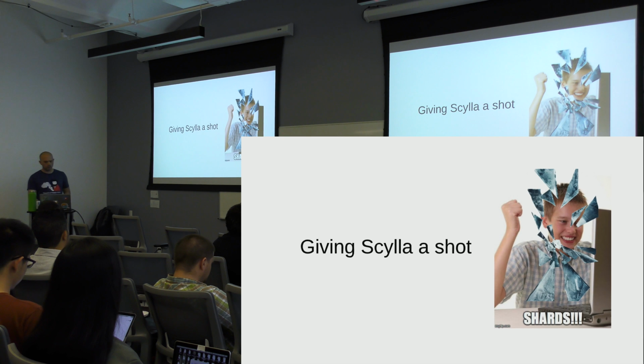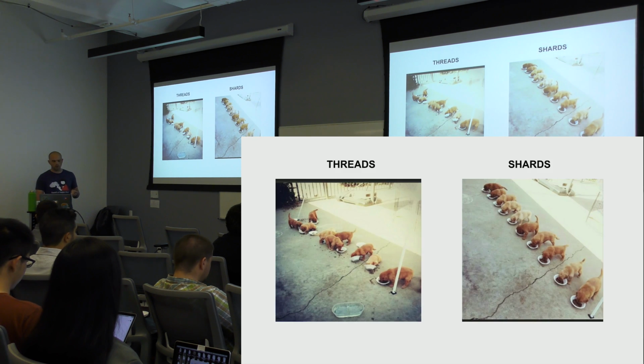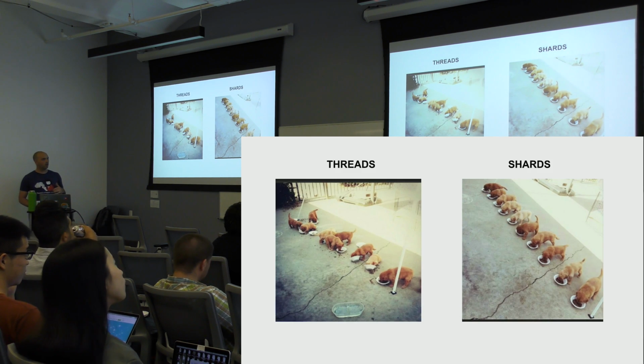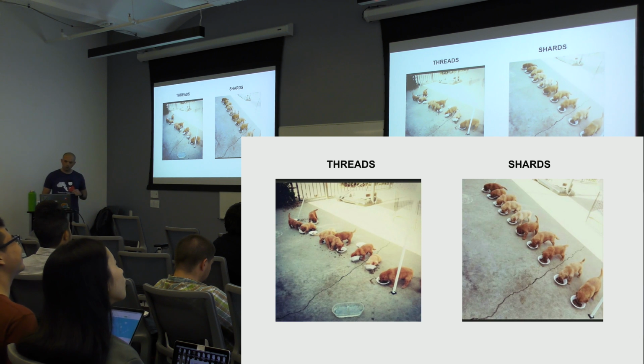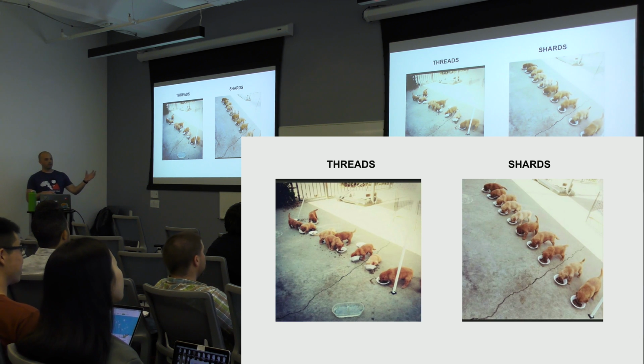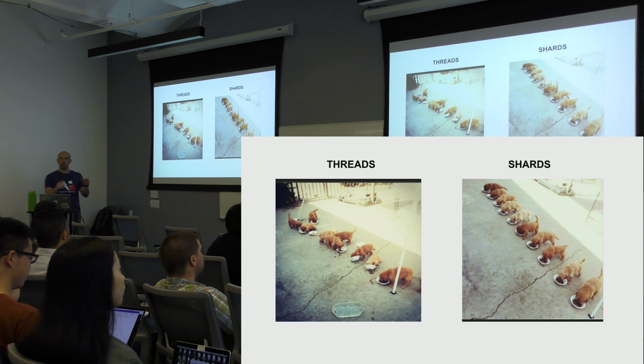So Scylla, I'll just real briefly go over. It's a sharded, shared nothing architecture. Once a query arrives at a node in Scylla, there's another level of distribution that determines what shard, and a shard is associated to a CPU core.